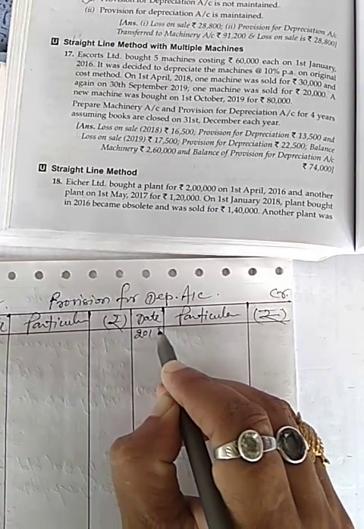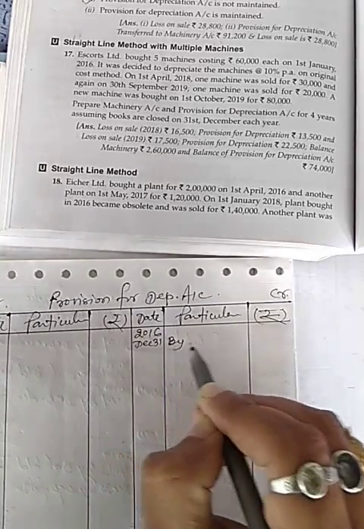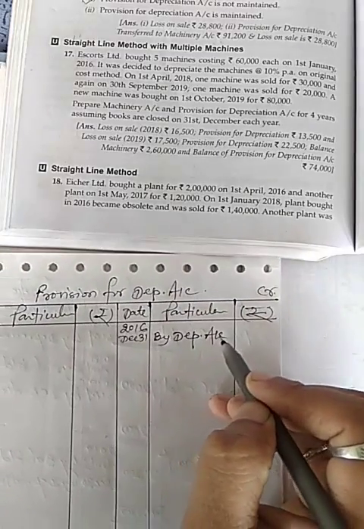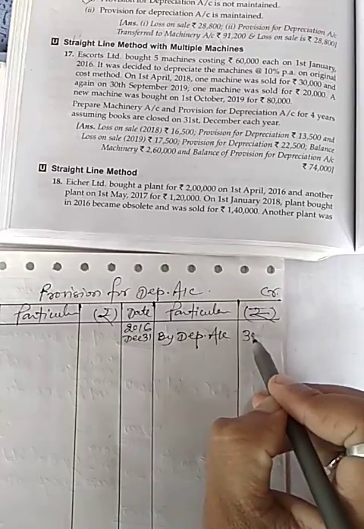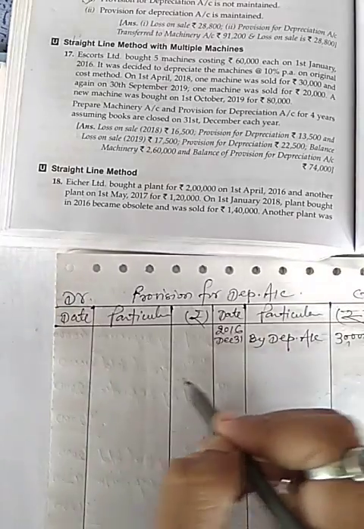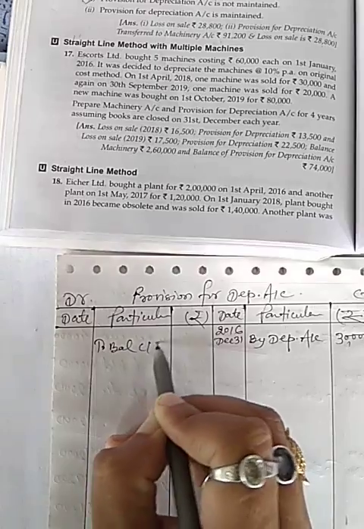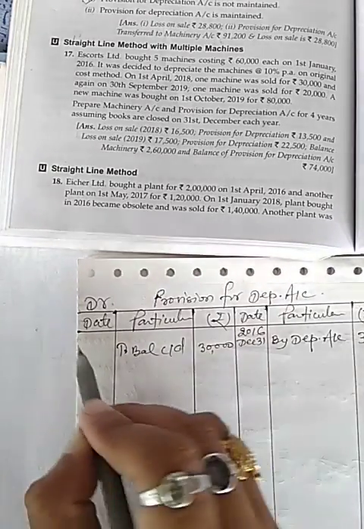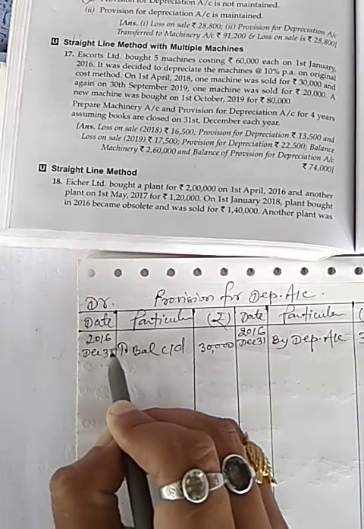So on 2016 December 31st it will be by depreciation account, and depreciation will be 30,000 on 3 lakh, and to balance c/d will also be 30,000 in this year on 2016 December 31st.